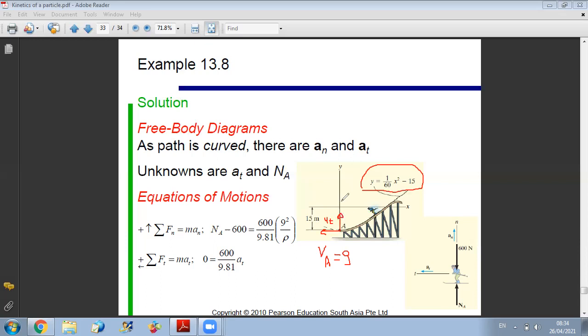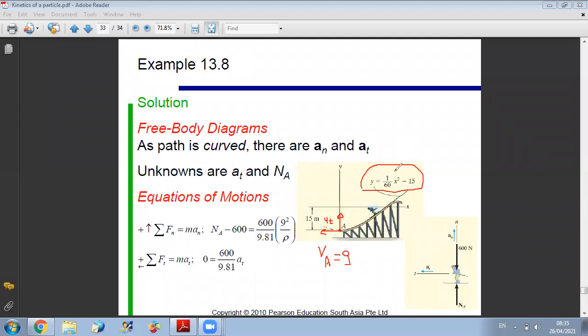Why here? From the figure, you can see that the concavity is upward, so UN is up. Or if it's not clear in the figure, all you have to do is take the second derivative. If you have a positive second derivative at A, this means that UN is upward. If you have a negative second derivative, this means that UN will be down.